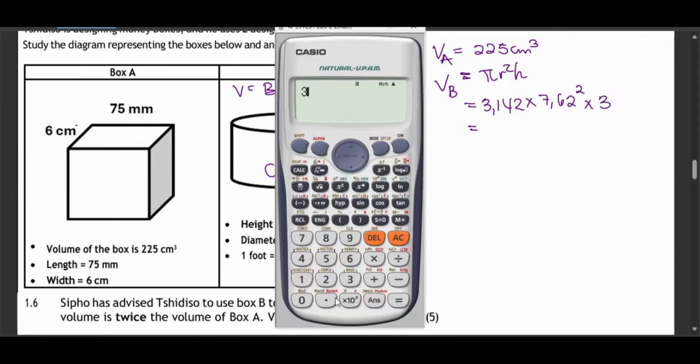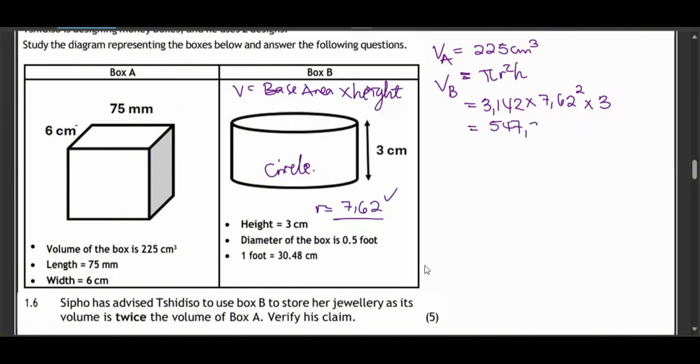Then we get 3,142 times 7,62 squared times 3. The answer became 547,32. These are centimeters cubed. So we are comparing.